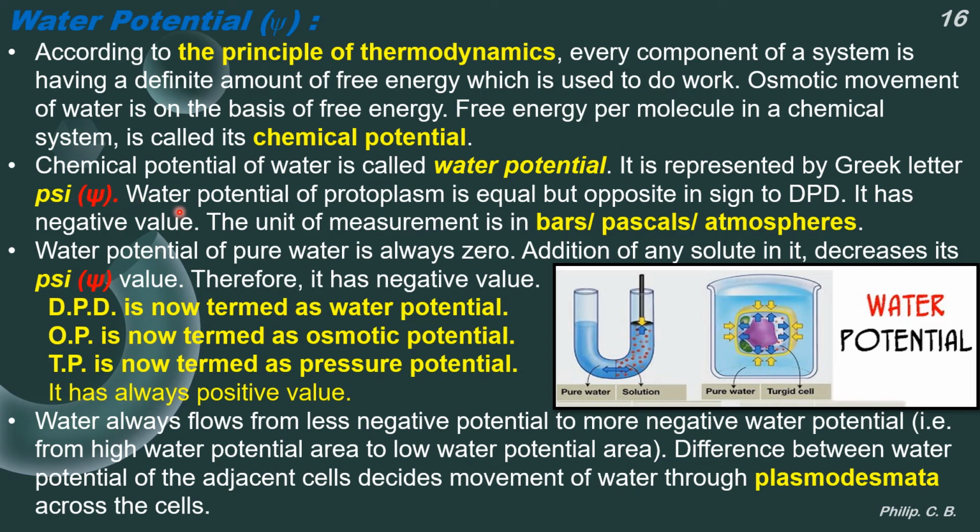Psi. Water potential of protoplasm is equal but opposite in sign to DPD. It has a negative value. The unit of measurement is bar, Pascal or atmosphere. Water potential of pure water is always 0.